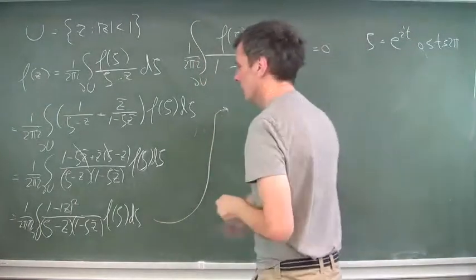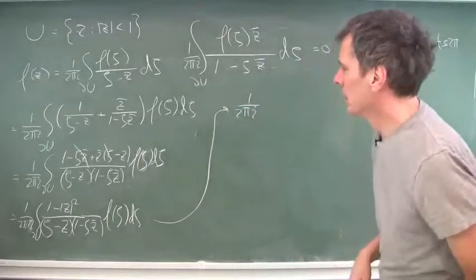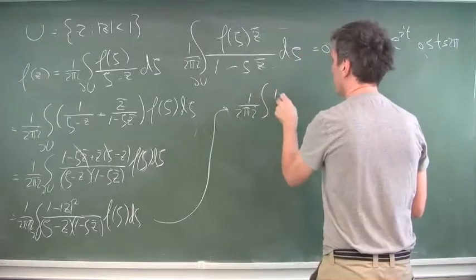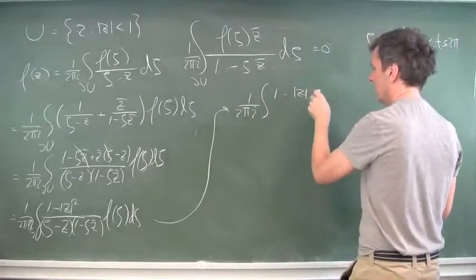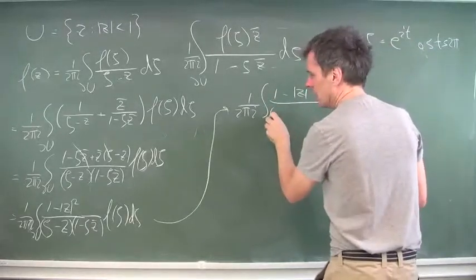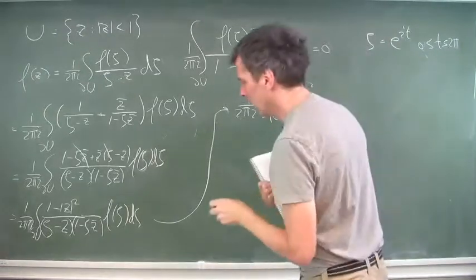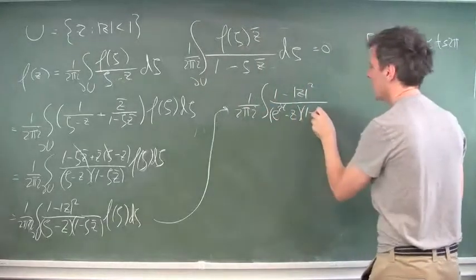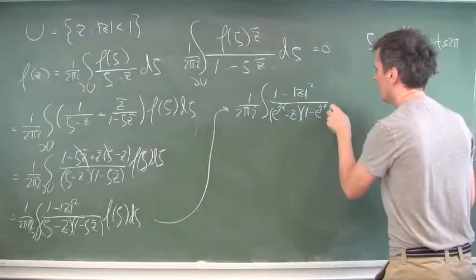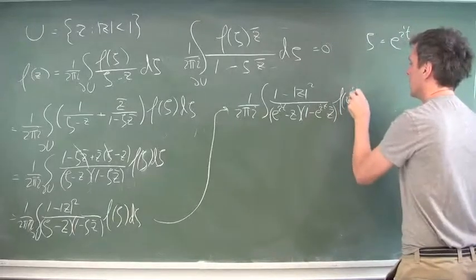And then we see that this integral can be written as 2 pi i times 1 minus the absolute value of z squared, and then down here we get e to the i t minus z times 1 minus e to the i t times z conjugate, and then we have f of e to the i t.